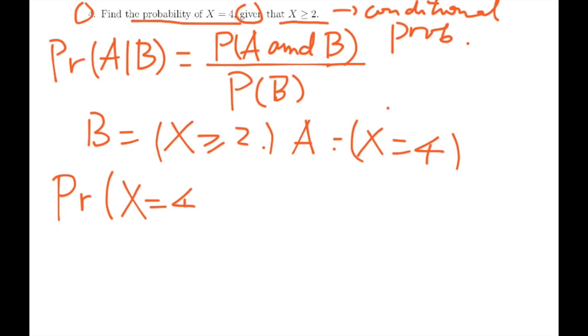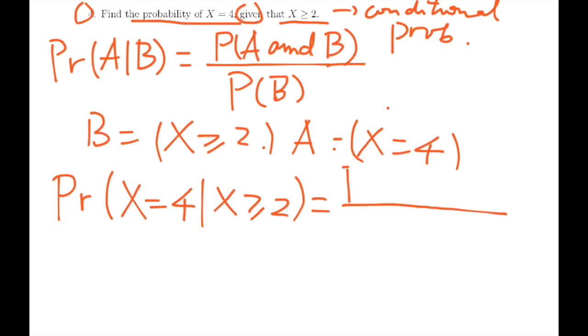And we know that this is equal to the probability of X equal to 4 and X greater than or equal to 2, divided by the probability of X greater than or equal to 2. So now we need to find both the numerator and the denominator.